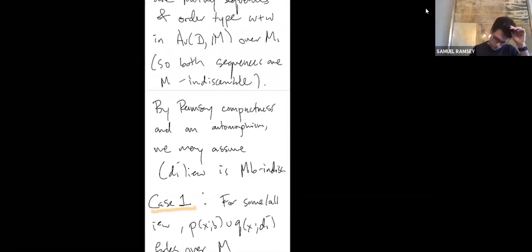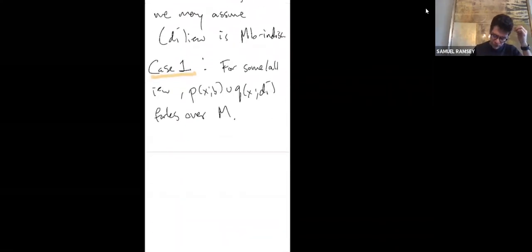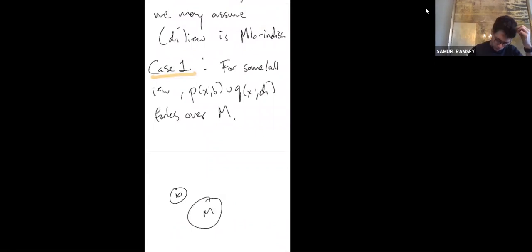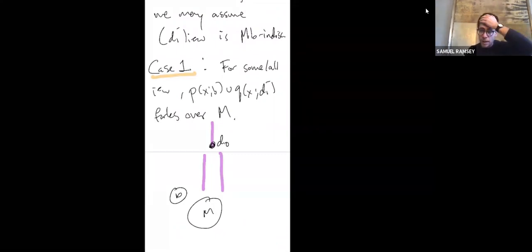So what do I mean here? Here we've got M, we've got B, we've got our two sequences. And here we've got D0. And what we're wondering is, what is sort of the tail behavior? What's going to happen here?